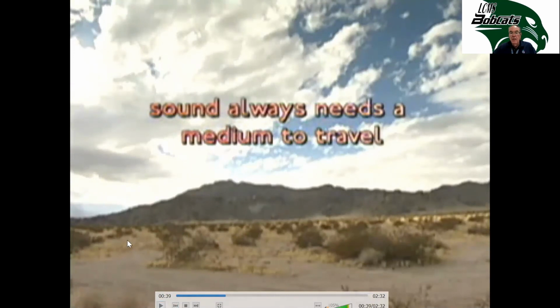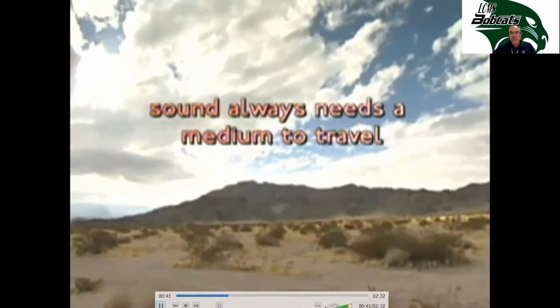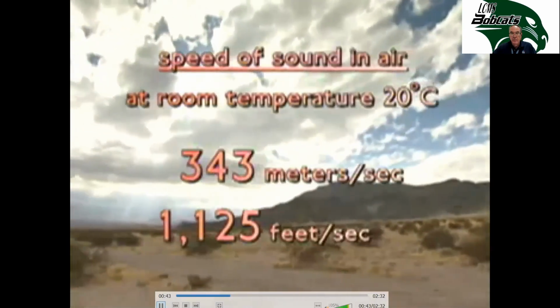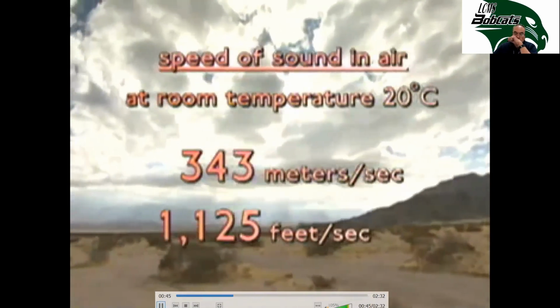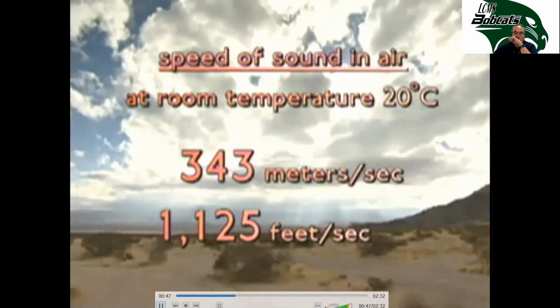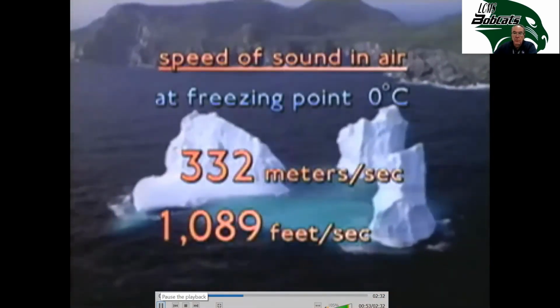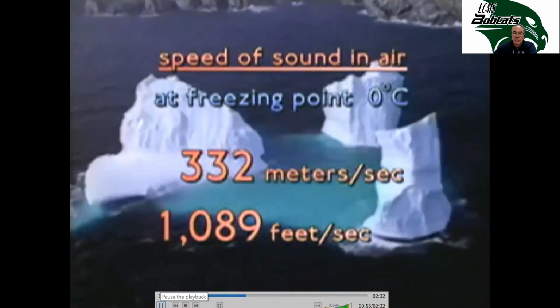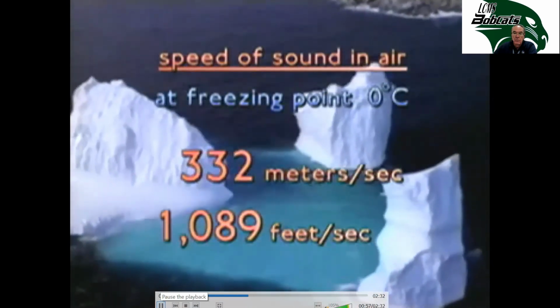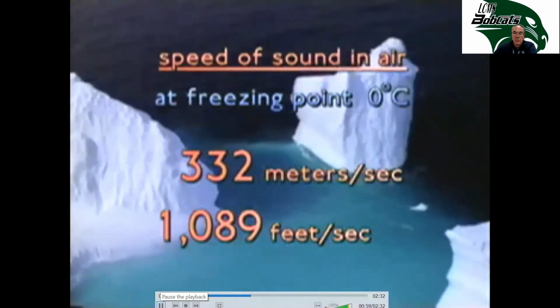Okay, so notice how this wave travels through the Earth. And the speed varies somewhat depending on the temperature. At room temperature, the speed through the air is 343 meters per second, or 1,125 feet per second. At freezing point, sound travels at 332 meters per second, or 1,089 feet per second.